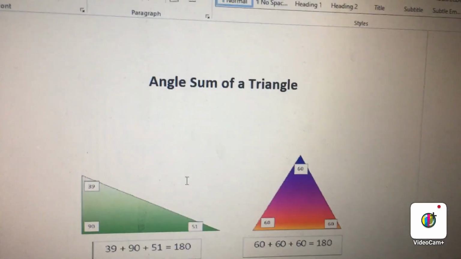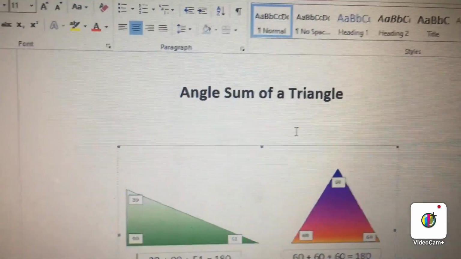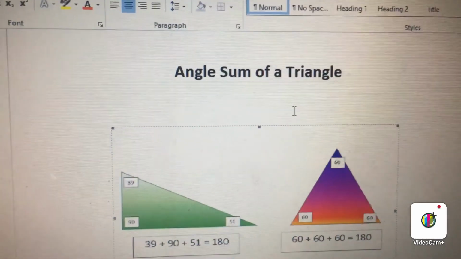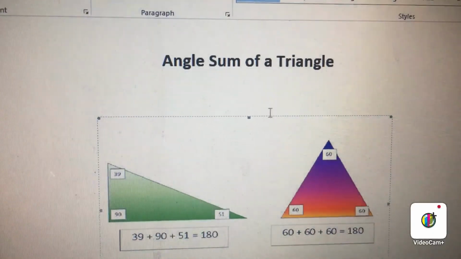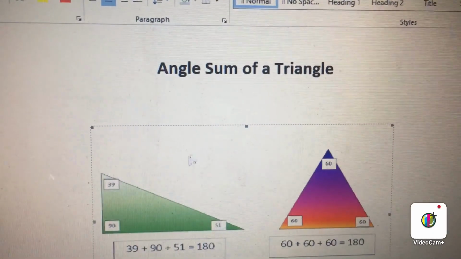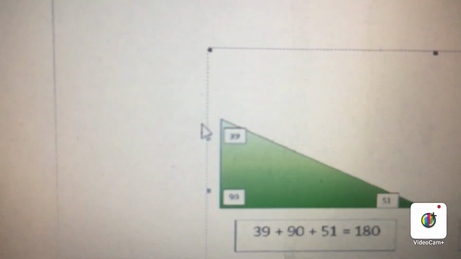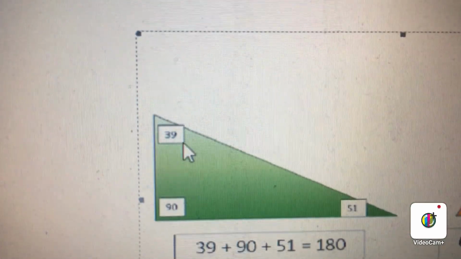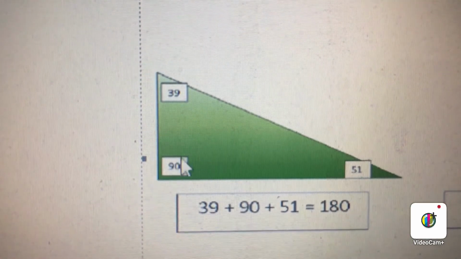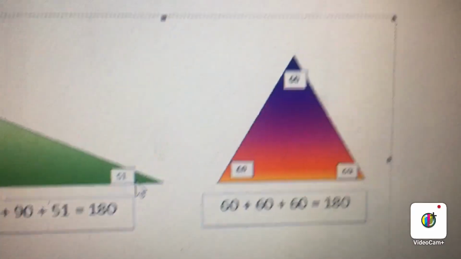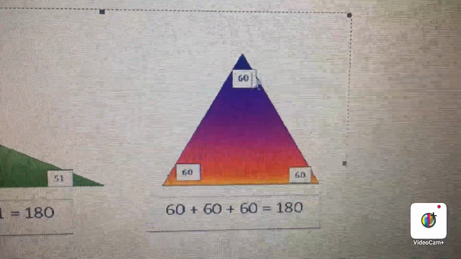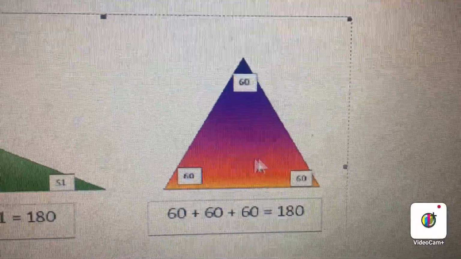Now, we're going to look at the angles of the triangle. When you look at this triangle, you can see that it has three angles: 1, 2, and 3. This one also has three angles: 1, 2, and 3.